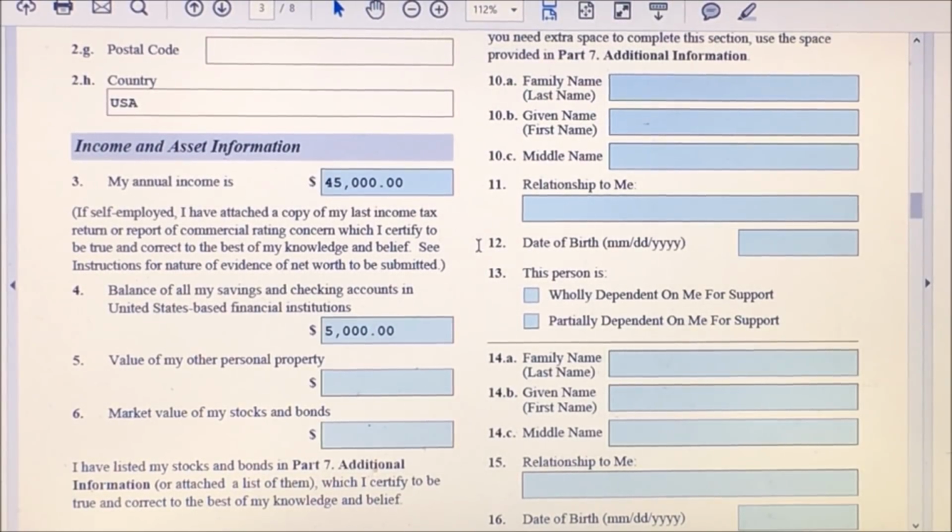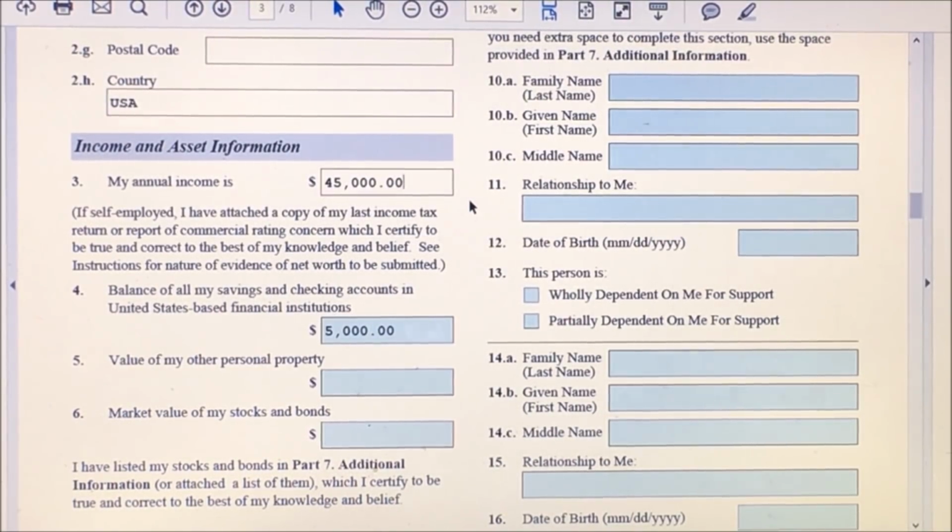So today, the year is 2018. So the US citizen or the sponsor should check the income tax return for last year, which is 2017. So you have to put it in here.